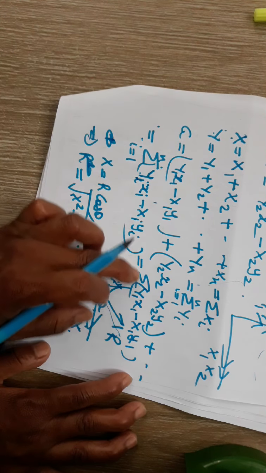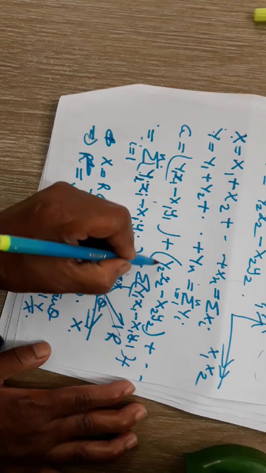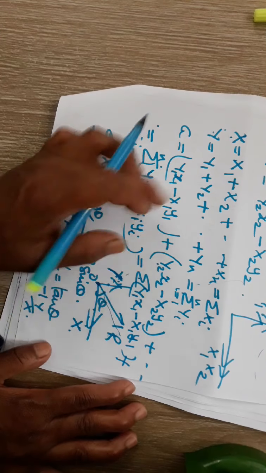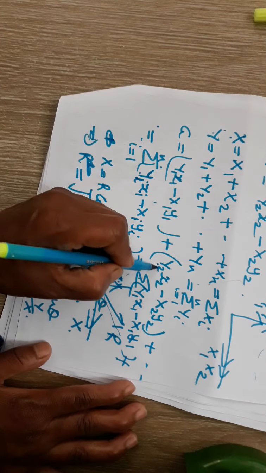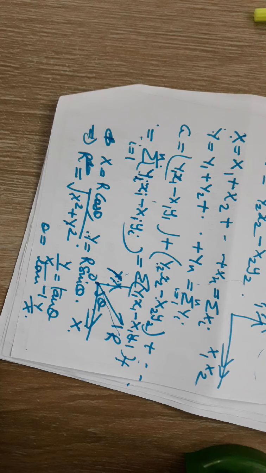This summation stands for the sum of all the individual couples: y2 x2 minus x2 y2, and similarly the individual couples of the remaining forces P3, P4 and so on. That's all.